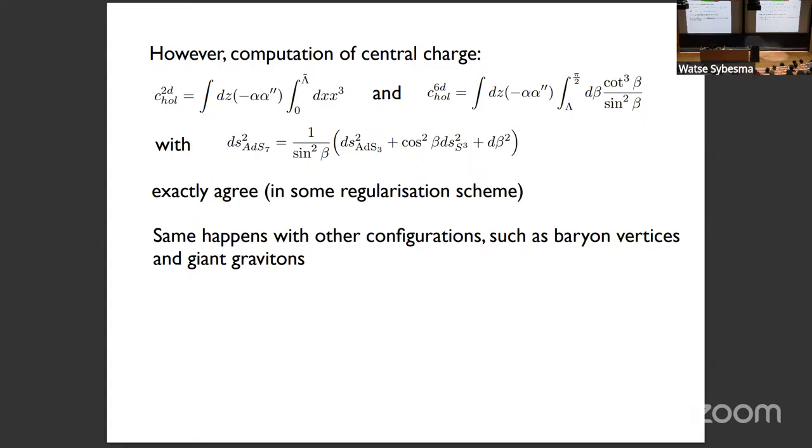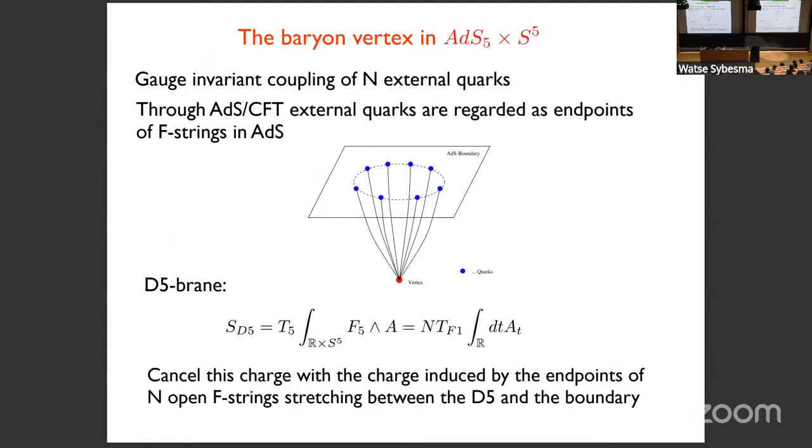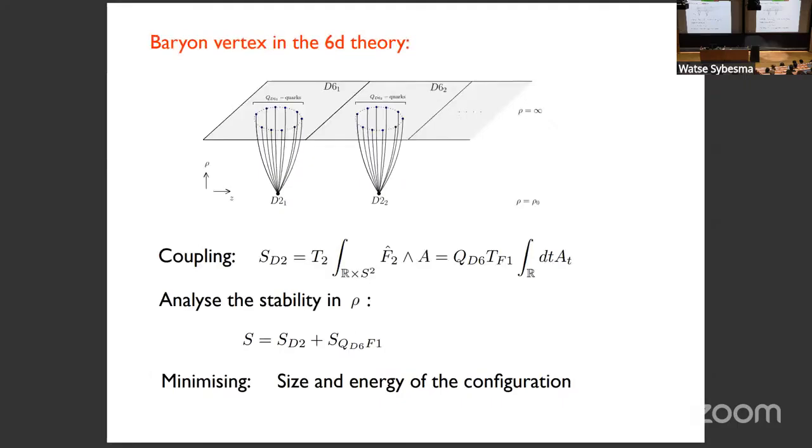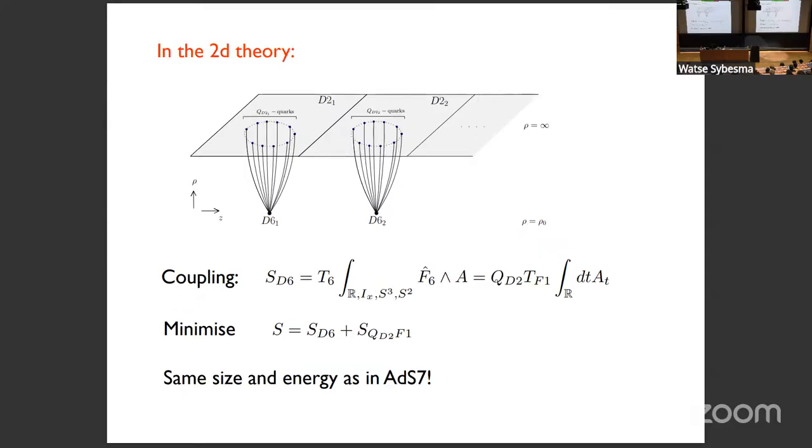This was very shocking, and we decided to go and compute configurations such as baryon vertices and giant gravitons in both the mother theory and the defect theory and compare them. I'm just going to flash that when you do this for the baryon vertex, for instance, this would be the one for the 6D theory. This would be the one for the 2D theory. You have amazing nice cancellations that give you exactly the same size and energy for this baryon vertex configuration for both the mother and the defect theory.